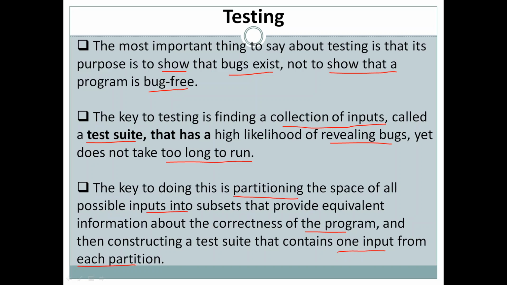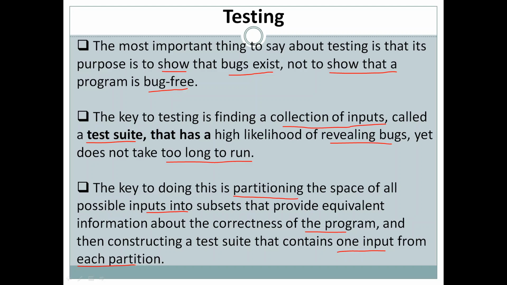Now, as I have said earlier, it is not possible to test any piece of software on all the possible inputs. But what we can do is partition the space of all possible inputs into some subsets that provide equivalent information about the program, and based on that we can construct a test suite that contains one input from each partition.